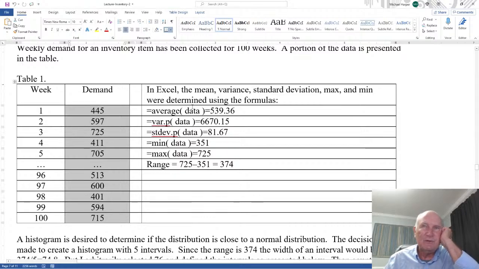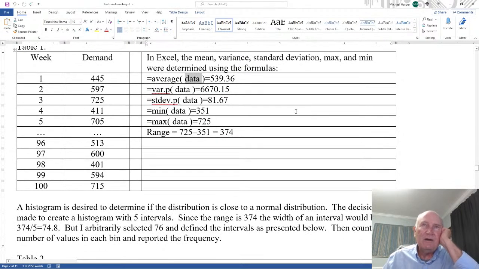You left click and drag and put all the data in there. And there's 539. The variance, and I'm using the population variance. P is population variance. The standard deviation population, the min data, the max data, and the range will be the difference here. So all I'm doing here is showing you the functions that you would use. And the data, like if this was in Excel, you left click and drag, and then in parentheses, and that's what I mean by data.